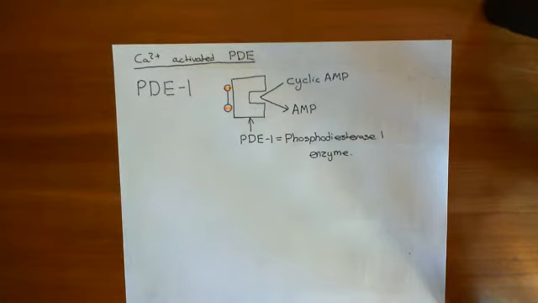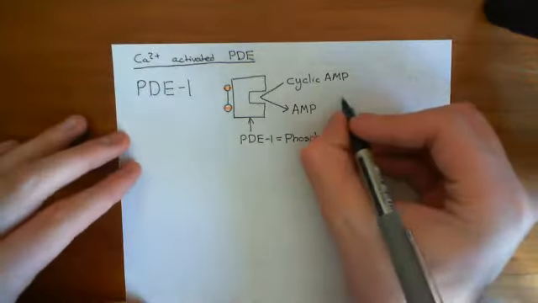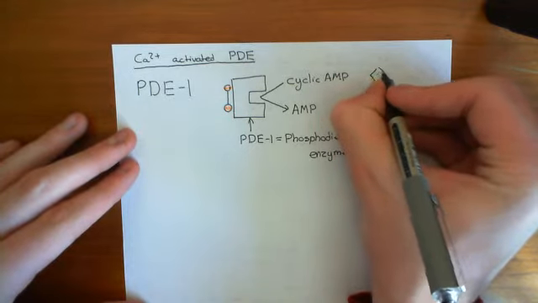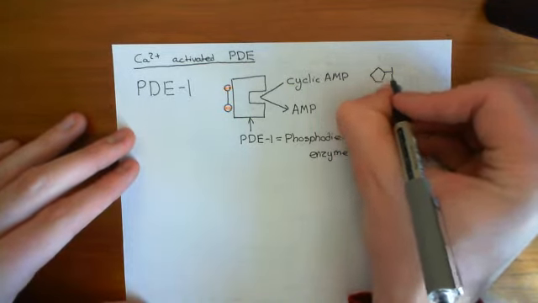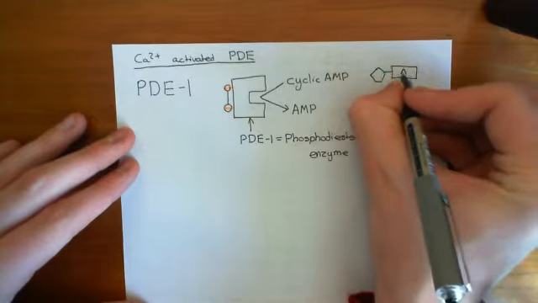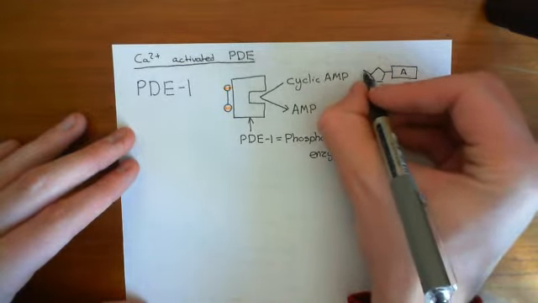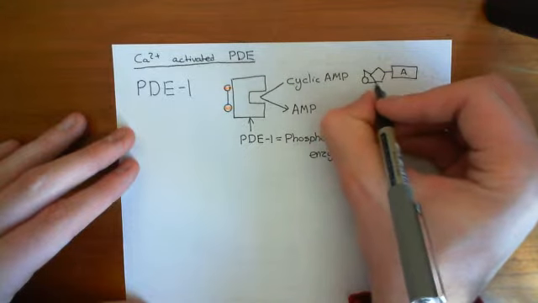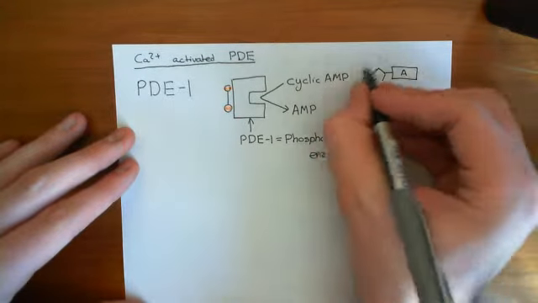Okay, so it breaks that link between the... Let me just draw it out. Well, I'm not going to draw the full structure because that takes far too long. But if this is the ribose sugar here, here's the adenine organic base, then basically what you have is your carbon up there, and then you have this phosphate group linked to the 5th carbon and also to the 3rd carbon, and that's cyclic AMP.